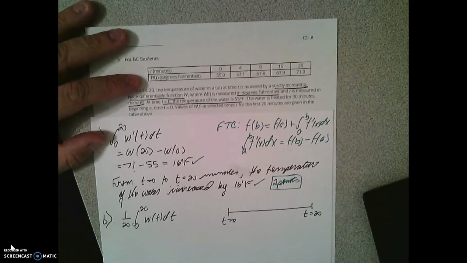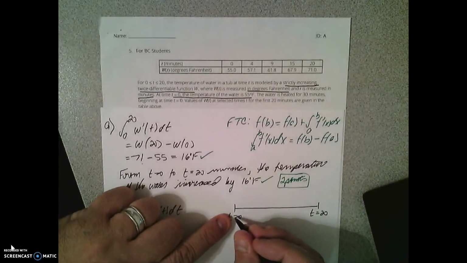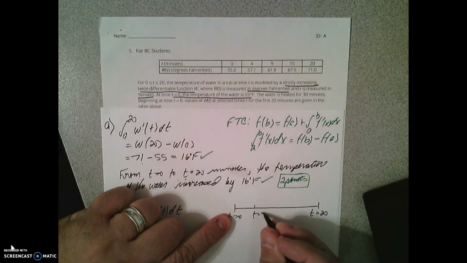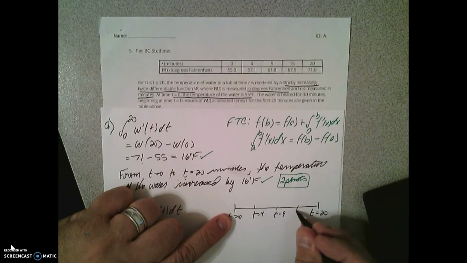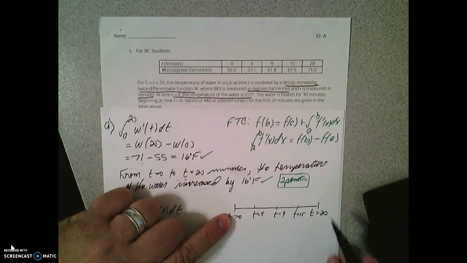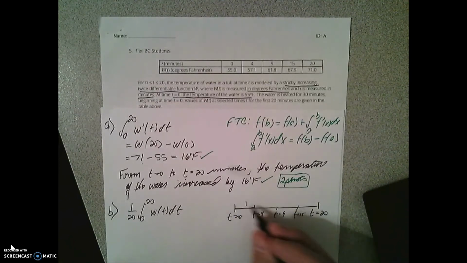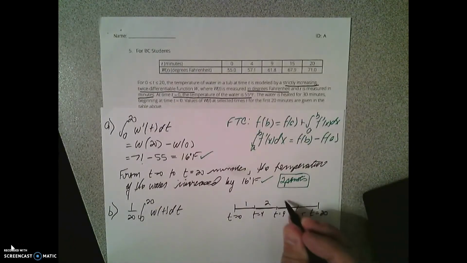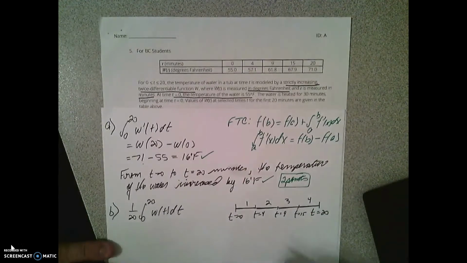Well, let's bring these together and look at the data. I know the value of the temperature at time 0, at time t equals 4, at time t equals 9, at time t equals 15, and at time t equals 20. These are my 1, 2, 3, 4 intervals that I'm interested in.